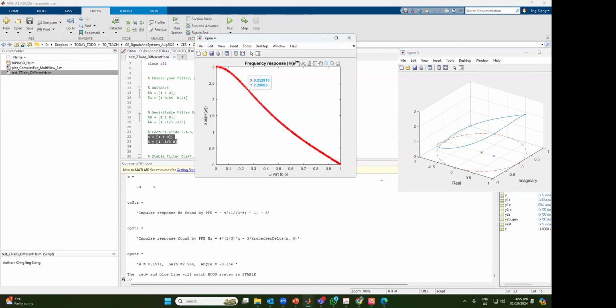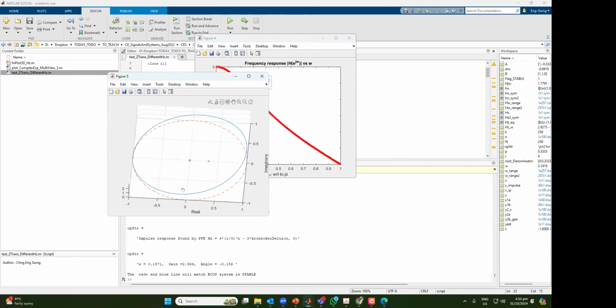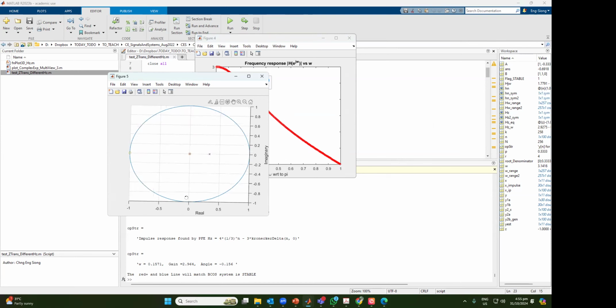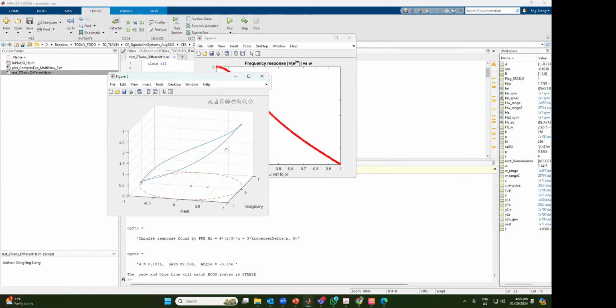So it's a for loop that is running. The other way I can show you is this. The zero is sitting at -1. The pole is sitting at 1/3. I draw a circle, and this is my Z plane. Now I'm going to plot for you my magnitude gain.